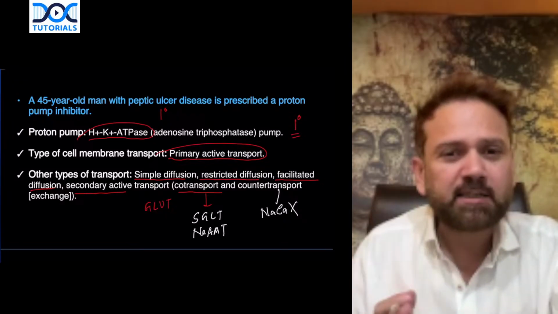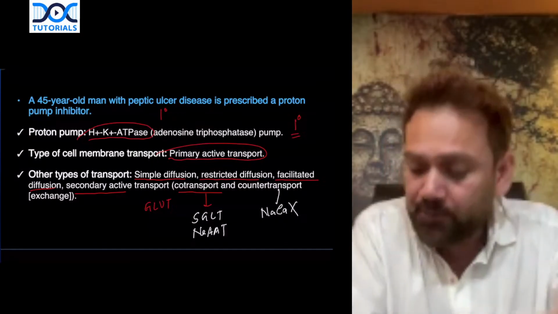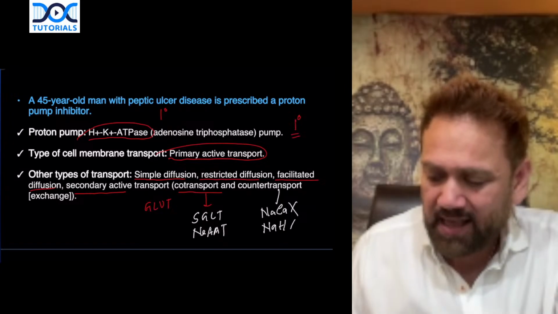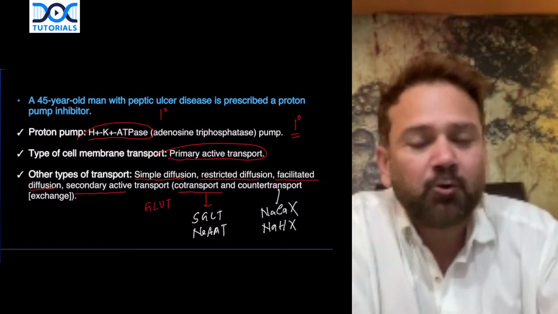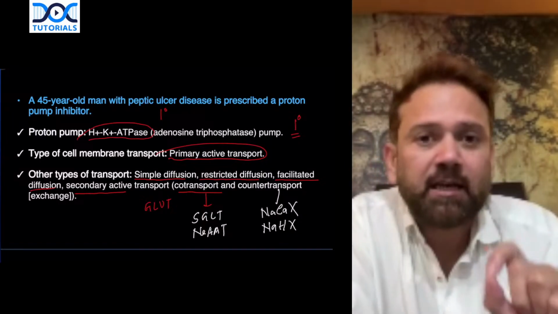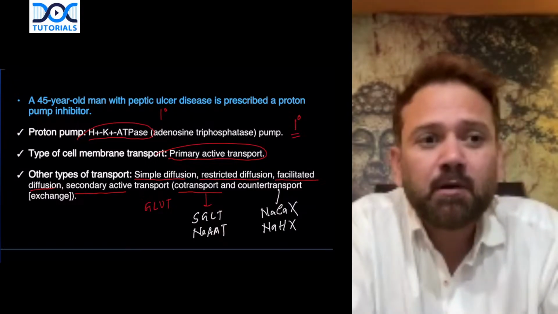It is in the heart, it is in the kidney. Then there can be the sodium proton exchanger. You know everything. I'm just telling you how to approach this clinical question. They look like a GIT question, but this question is from general physiology.